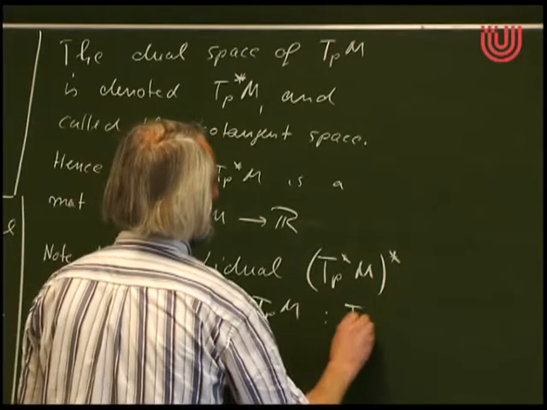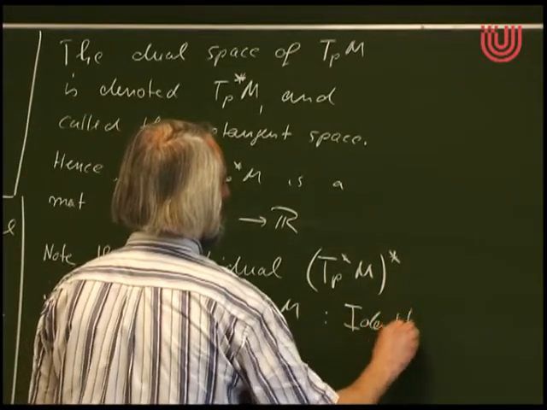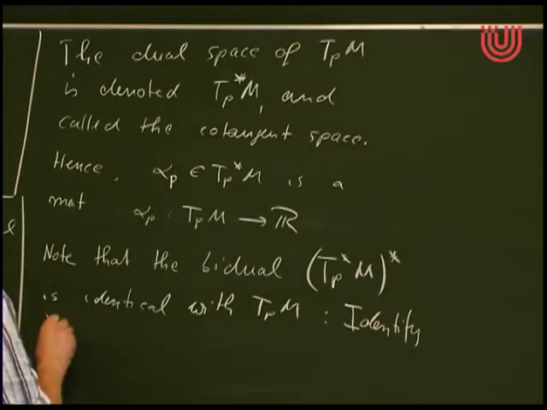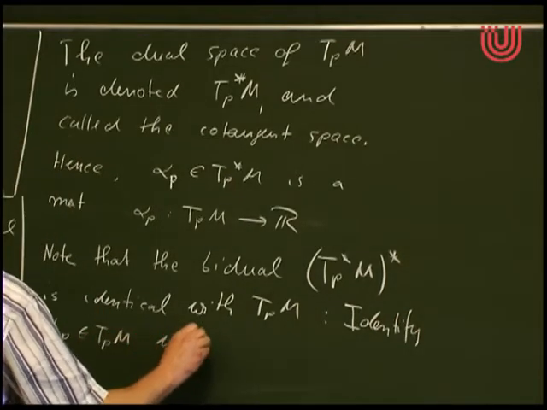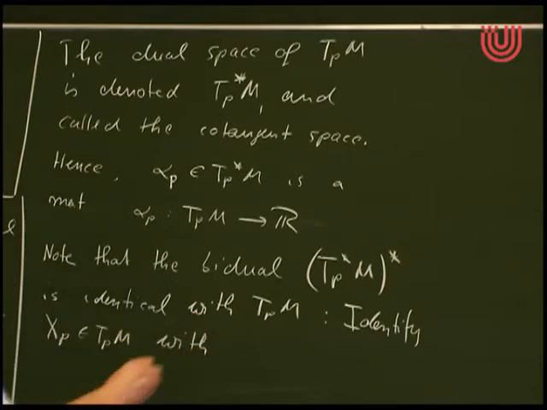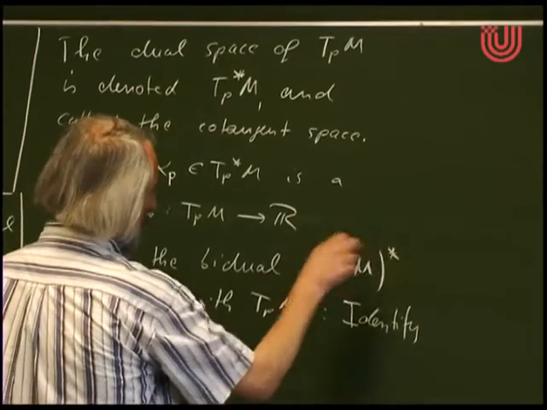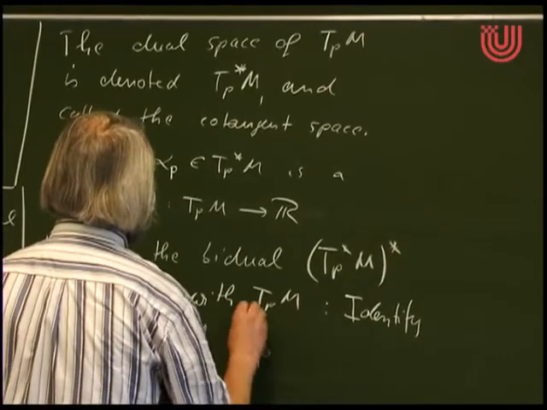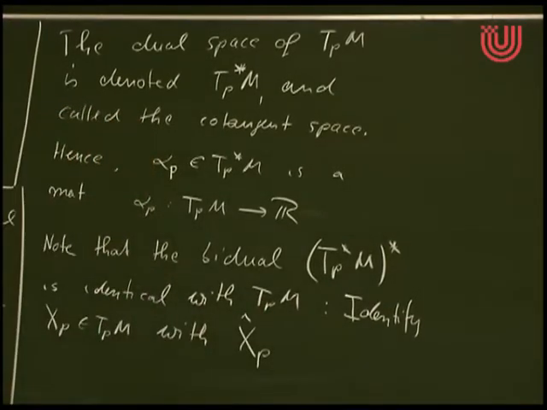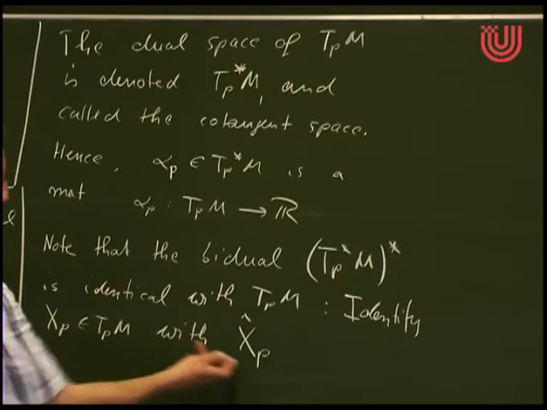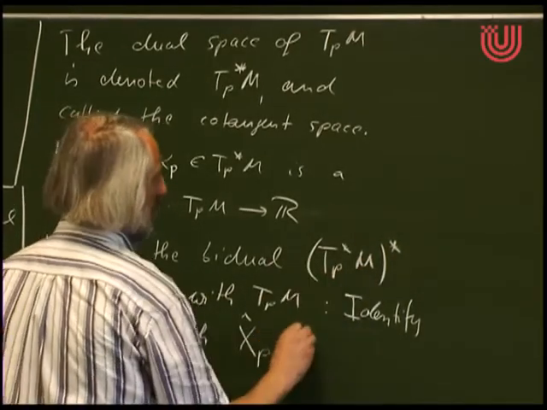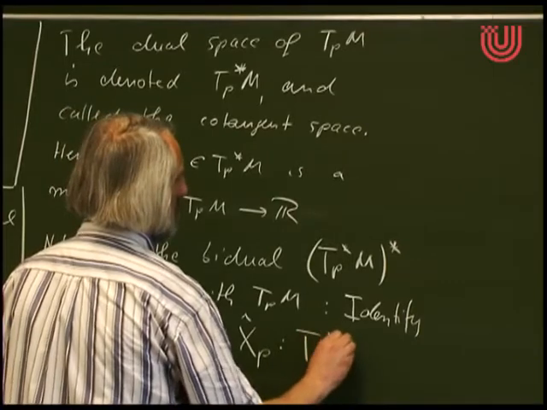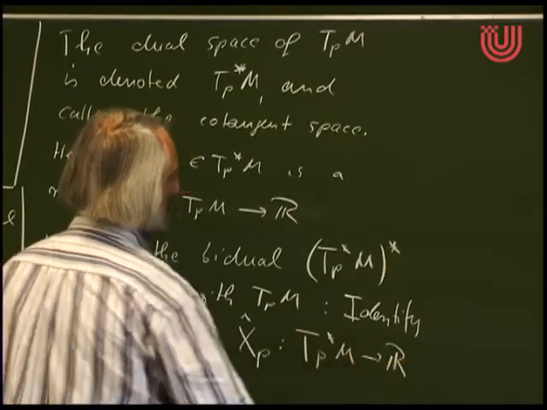It works by identifying a point XP in TPM with something which lives in this space. So it is to be identified with something, let's call it XP hat. And then I want to identify XP with XP hat. And this should be an element of this space, should go from TPM star into R.